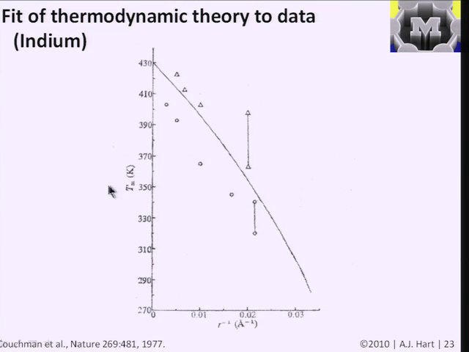And notably, indium is a metal that melts at relatively low temperature anyway, so this is like 430 Kelvin, so that's about 150, 160 C. But this decrease can be pretty significant. So if we look at the value of this r to the minus 1, that's 0.02 inverse angstroms, so that's 50 angstroms, or 5 nanometers, right?